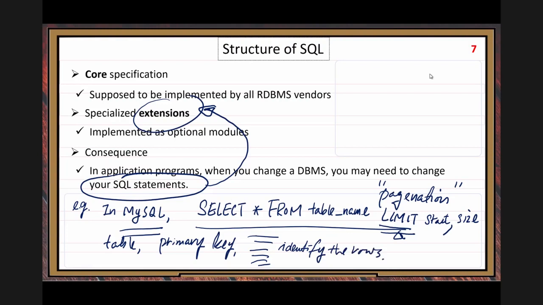But many business tables do not have primary keys, so it's not very convenient to use. Sometimes if you look at the data, none of the columns is suitable as a primary key.